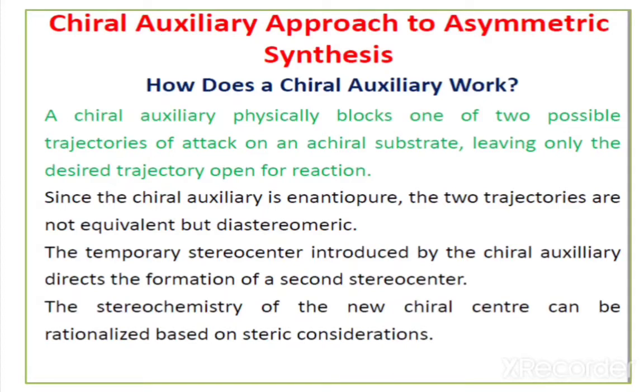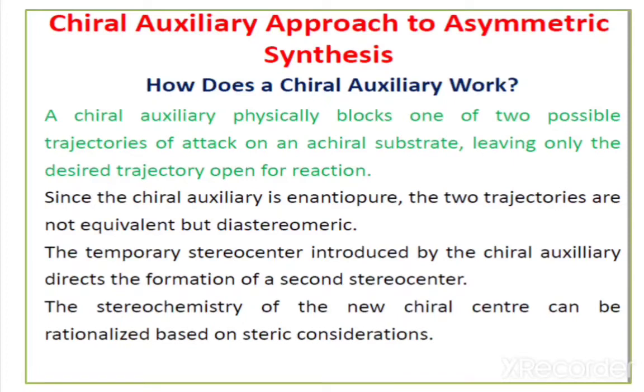Then the next question is, how does a chiral auxiliary work? A chiral auxiliary physically blocks one of two possible attacks on an achiral substrate, leaving only the desired trajectory open for a reaction. Since the chiral auxiliary is an enantiomer, the two trajectories are not equivalent but diastereomeric.